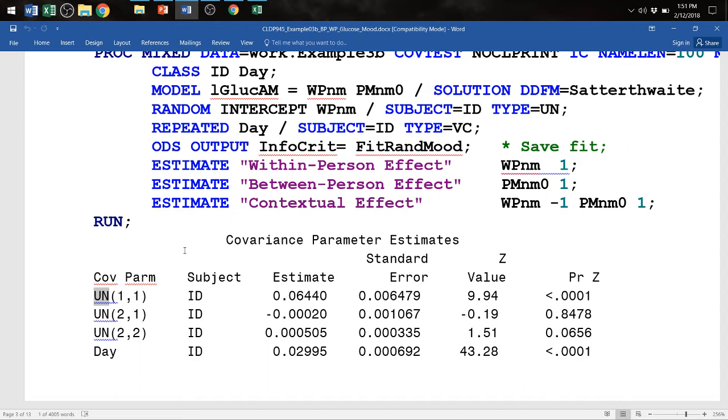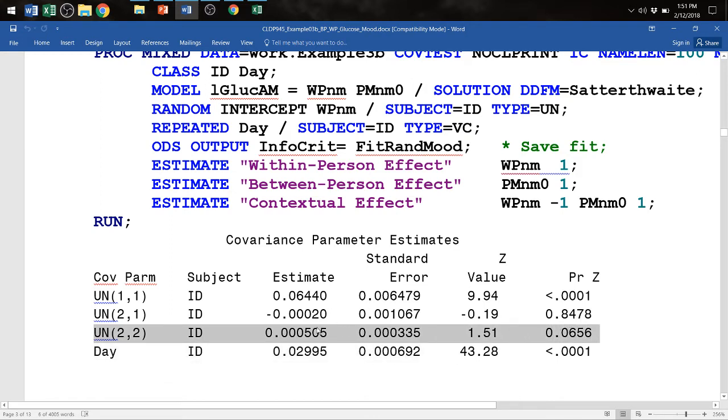That 0.06 is my random intercept variance. UN22 is second row, second column. This is my random slope variance. And 2,1 is the off diagonal. That's my covariance between the two. And day, that's my residual. Whenever you put a variable inside the repeated line, it has that variable's name here instead of the word residual. But that's what it is.